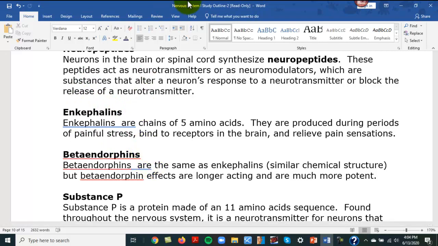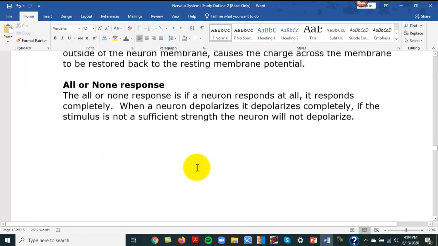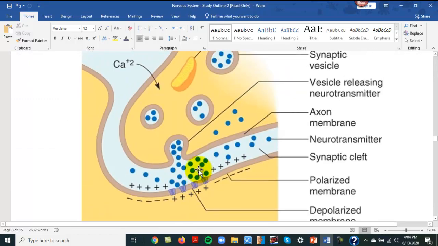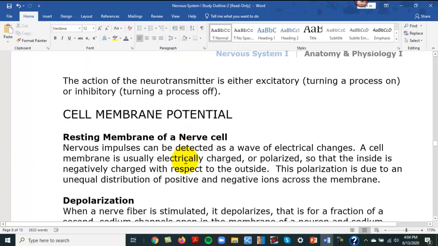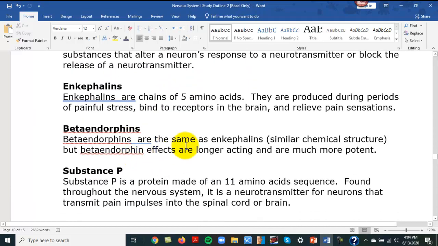During times of painful stress, they're there to block pain or make it less intense. Substance P is actually the neurotransmitter for pain nerves. Believe it or not, you have nerves in your body that are designed for pain. Pain is there to protect a person or let them know something's wrong. So those blue dots could be substance P.